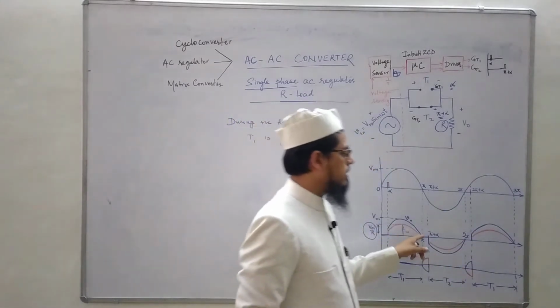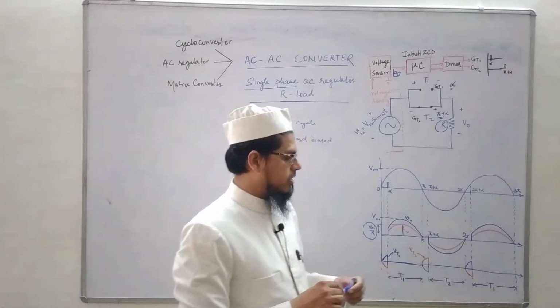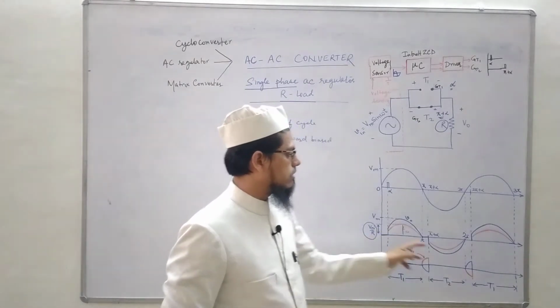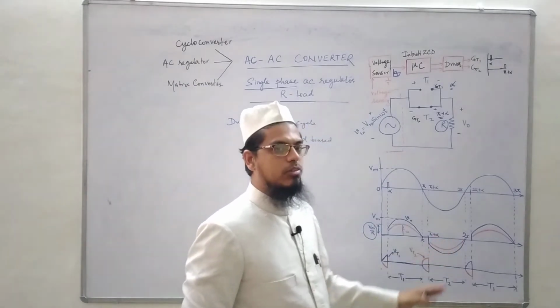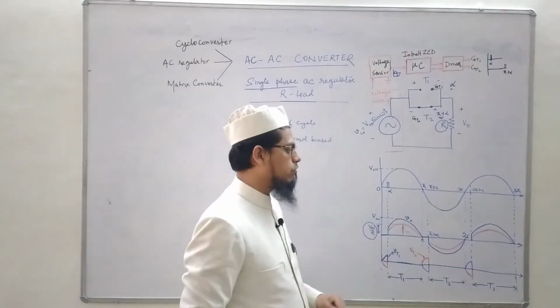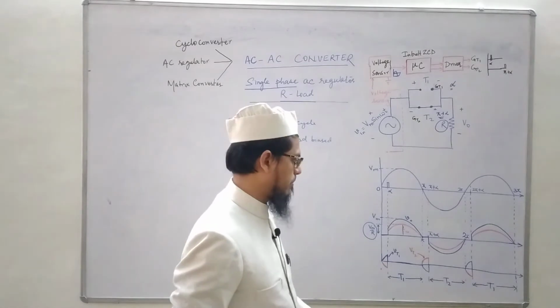Similarly, the current will also follow the same waveform as that of the output voltage, the difference lying in the peak value of the current, which will be equal to minus Vm by R.